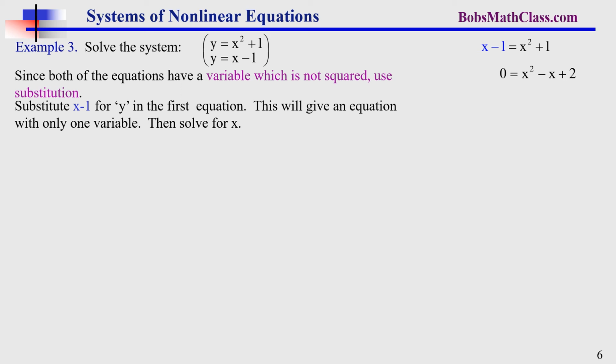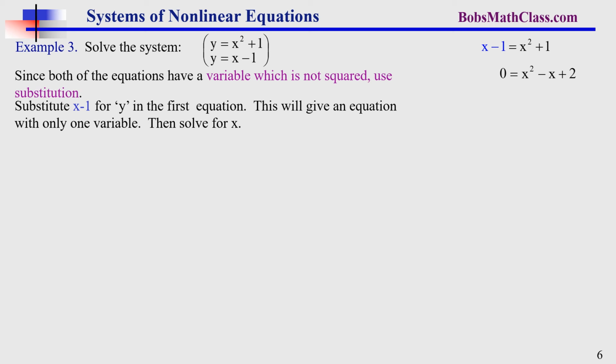Now we would try to factor that trinomial. Does it factor? It does not factor. So we still have to solve this equation. When it doesn't factor, then we resort to the quadratic formula.